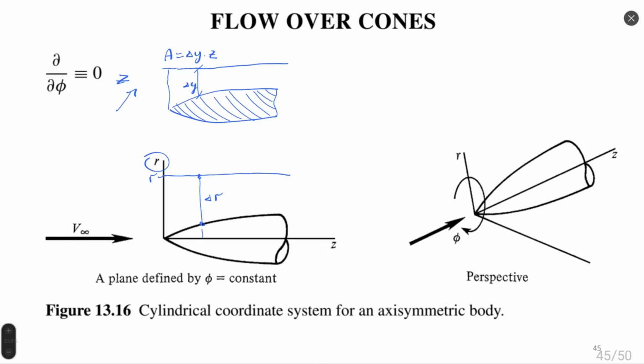We would calculate this as delta r squared multiplied by pi. So this is the area of flow in an axisymmetric body, where we have a linear dimension squared, second order.